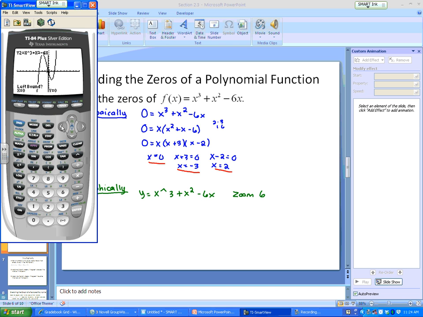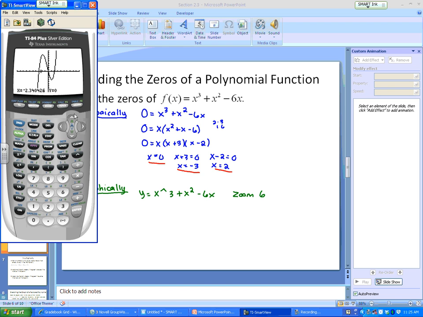And then what I'm going to do is go through each zero. So I'm going to start on the left. Okay, I'm on the left side of my zero that's on the farthest left. Press enter. I'm going to move it to where it's on the right side of my zero and press enter. And then I'm going to ask it to guess. And it gives me -3, which was one of our zeros.